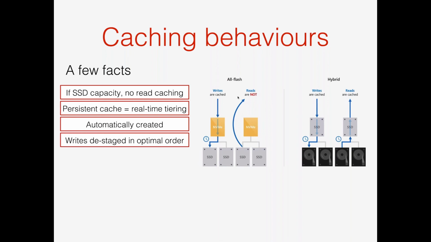And then the writes are moved from the SSD tier, or from the NVMe, whichever, when the drives have the time, and they are very efficient because they lay them out in nice sequential writes for the hard drives, really taking advantage of the speed there. You want to set aside 5 GB of memory on your hosts to manage this.